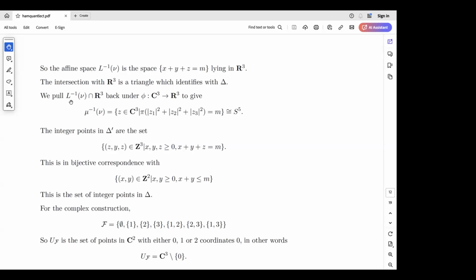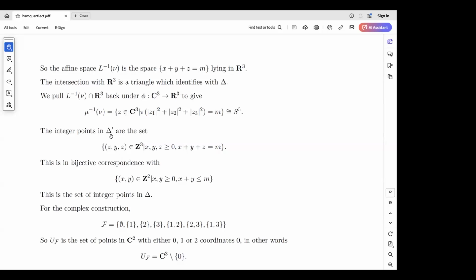So we pull back L inverse of nu intersect with R3 under the map phi from C3 to R3. This gives mu inverse of nu is the set of points z in C3 so that pi times norm z1 squared plus norm z2 squared plus norm z3 squared is equal to m. And that's isomorphic to S5.